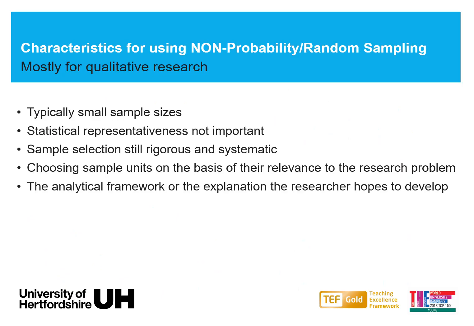So the characteristics of non-probability or non-random sampling methods are that they are mostly used for qualitative research, as we said, because you're not looking for a large sample of over 100, because it's just not possible. For qualitative research, such as case studies or interviews, you would probably need about 10 participants for an interview, for example, and typically a small sample size.